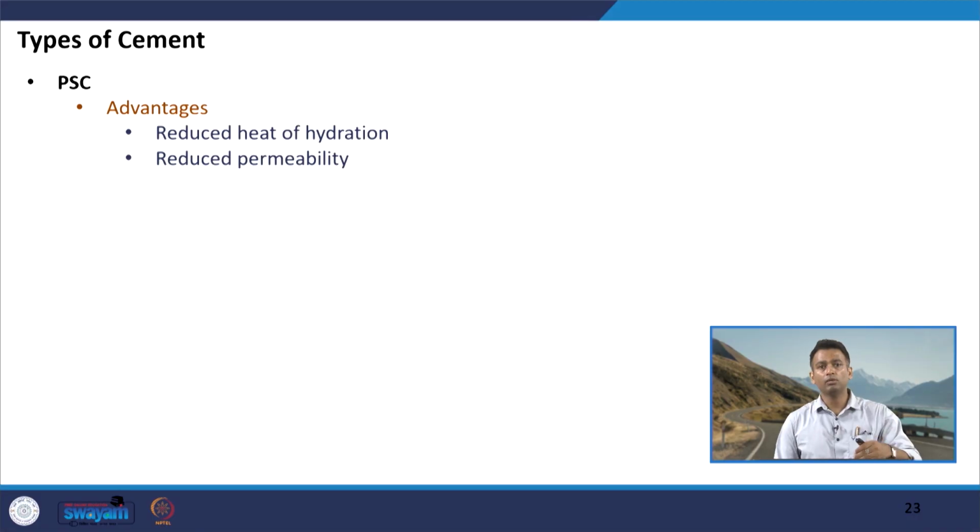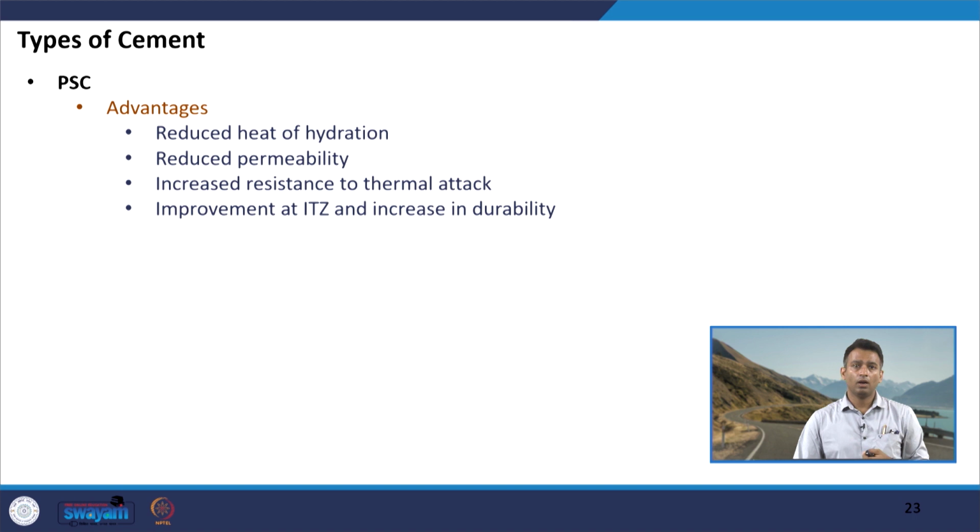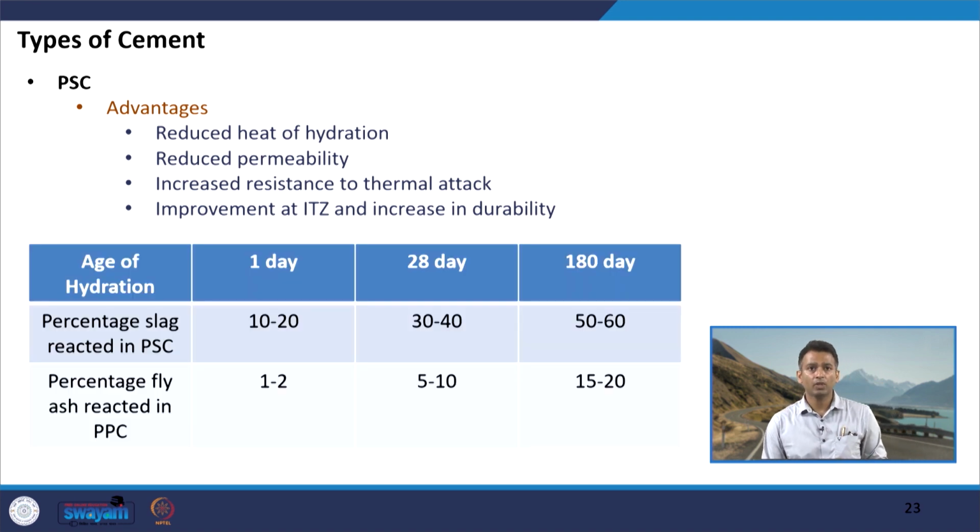Now, some of the advantages of using Portland slag cement are that it leads to reduction in heat of hydration, and it reduces permeability. These are some of the advantages which we also saw in case of fly ash. It increases the resistance to thermal attack, it improves the ITZ similar to what we saw in case of fly ash and the reason we have discussed, and it increases the durability.